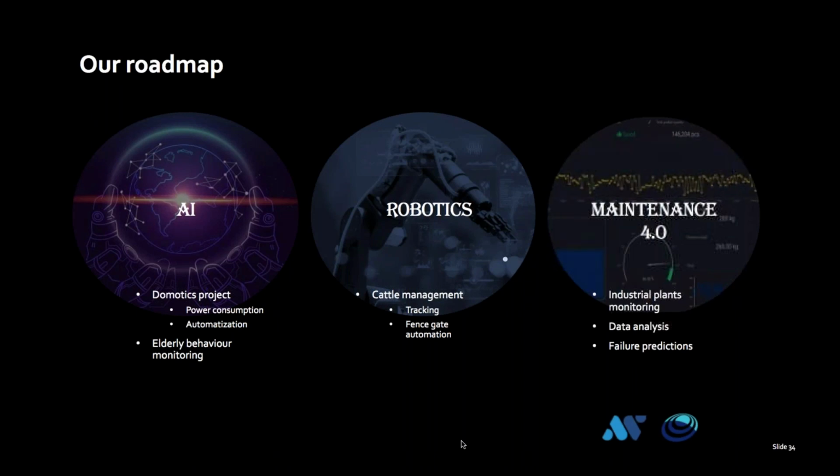As robotic solutions, we want to implement cattle management, like tracking or automating the gates in the fields. And we would like to deploy Maintenance 4.0 solutions in industrial plants: monitoring, data analysis, failure prediction, etc. Next one.